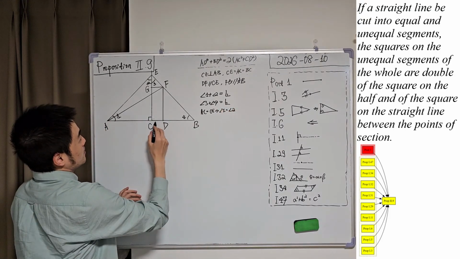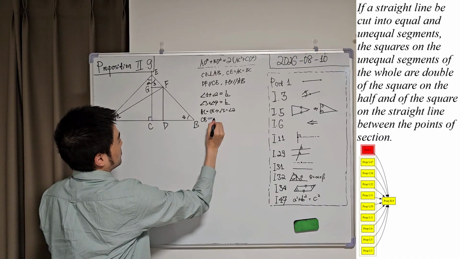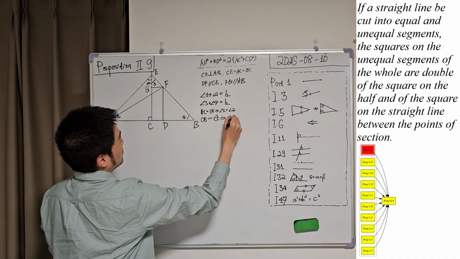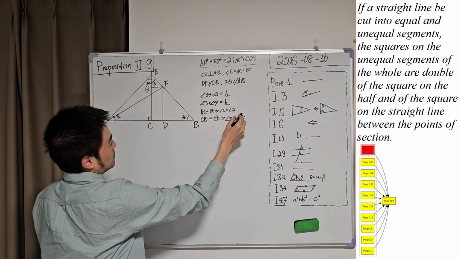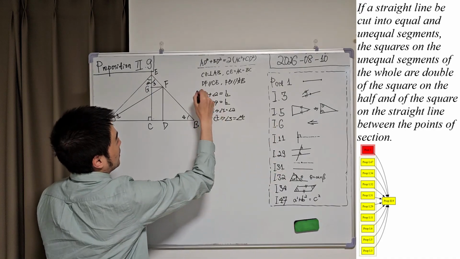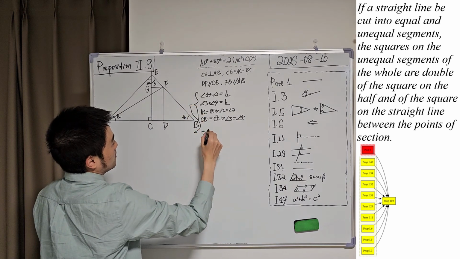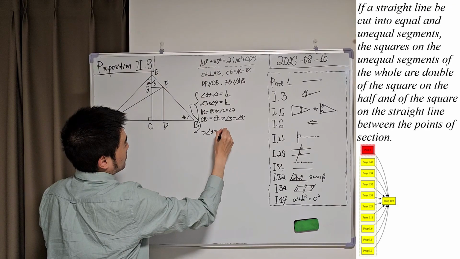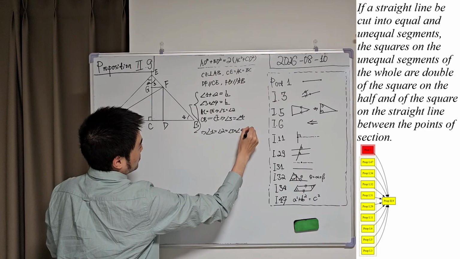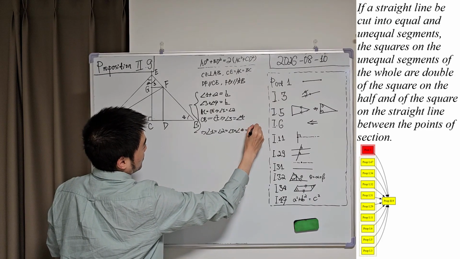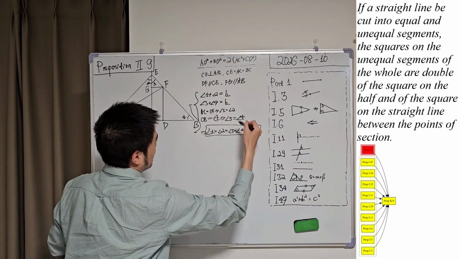And CB equals CE, so we can conclude that angle 3 is equal to angle 4. They are based on Proposition 5. And if we combine these two equalities, we can conclude that angle 1 is equal to angle 2, equal to angle 3, equal to angle 4, which equals half of a right angle, correct? Okay, let's keep this conclusion here.